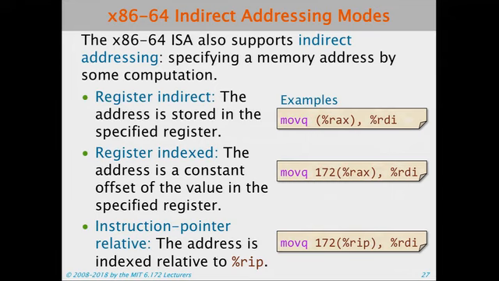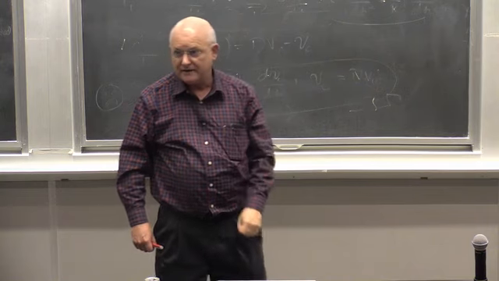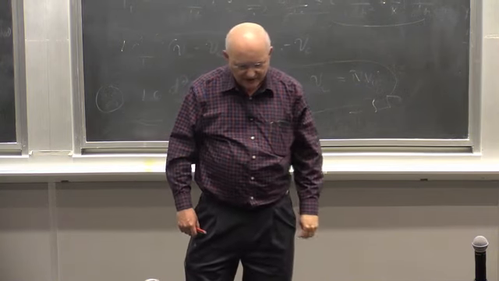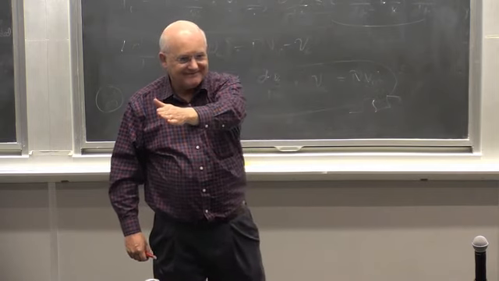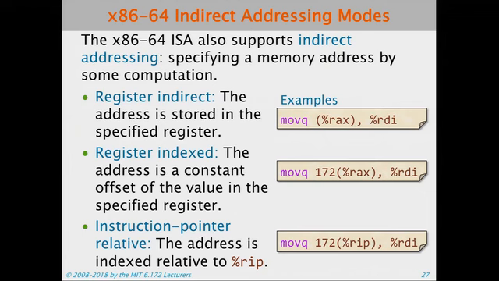Okay, so if RAX was location 172, then it would take whatever's in location 172 and put it in RDI. Okay, register indexed says, well, do the same thing, but while you're at it, add an offset. So once again, if RAX had 172, in this case it would go to 344, to fetch the value out of that location 344 for this particular instruction.